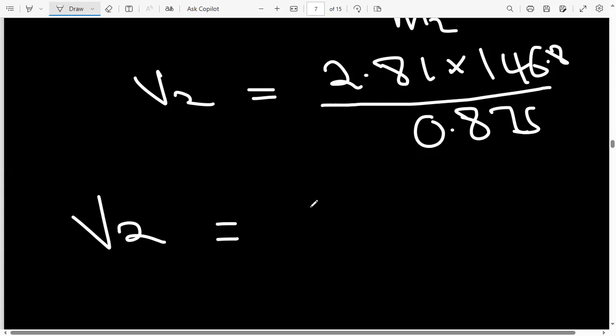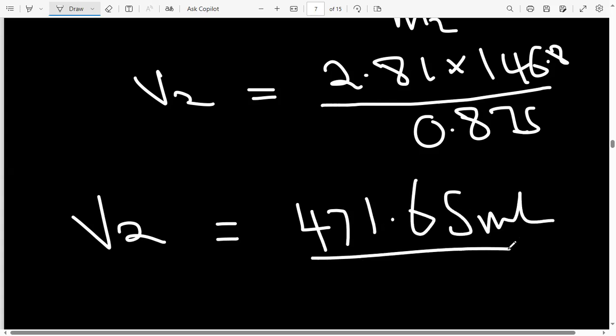When I punch this on the calculator, I'm getting 471.65 milliliters as the new volume.